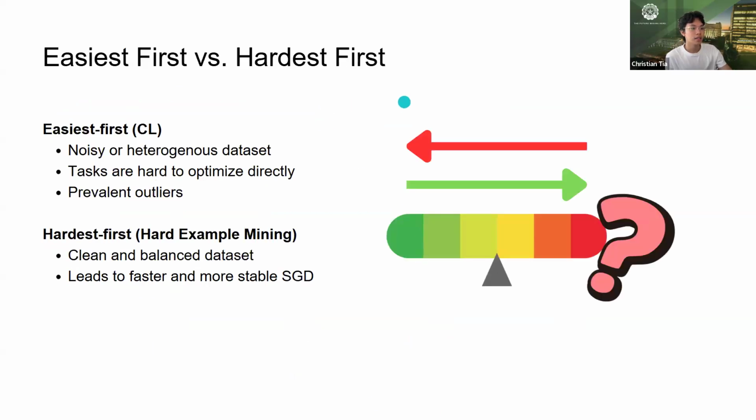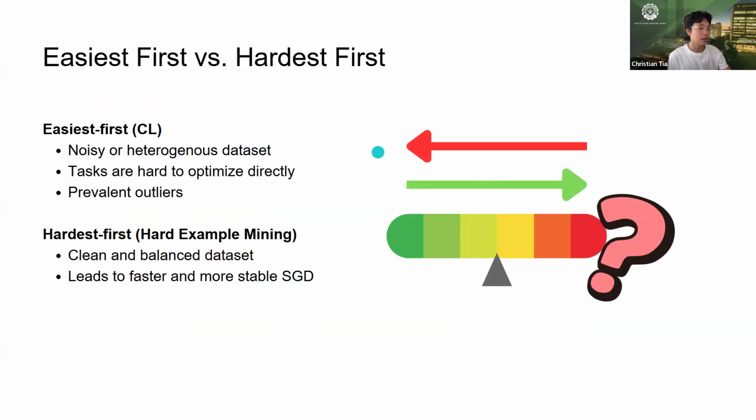I'd also like to discuss a challenge in this field, which is easiest first versus hardest first. There is conflicting research on which would be best for the curriculum. Easiest first would be starting with the cleaner data and then moving on to noisier data.